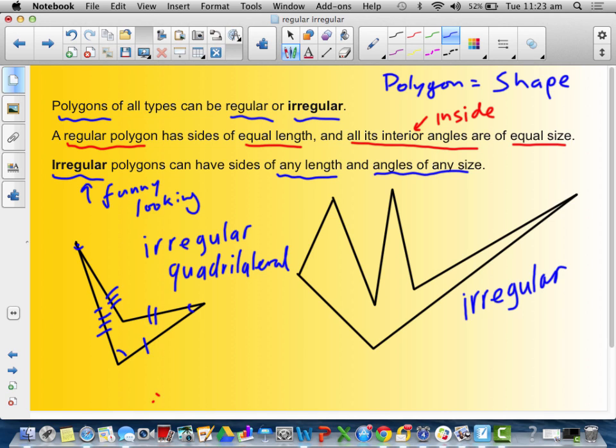The angles are all different. Even if this is the same length as that, this is still different, isn't it? So if they're all the same except for one little bit, it's still irregular. To be regular, it's all got to be exactly equal.